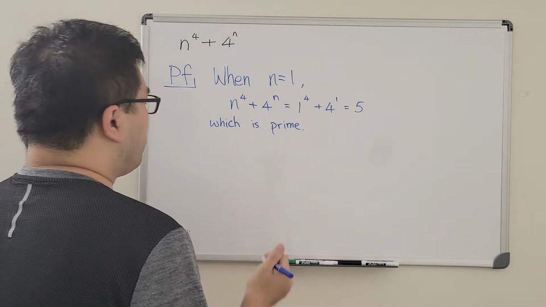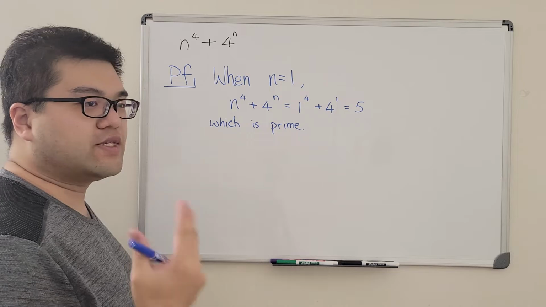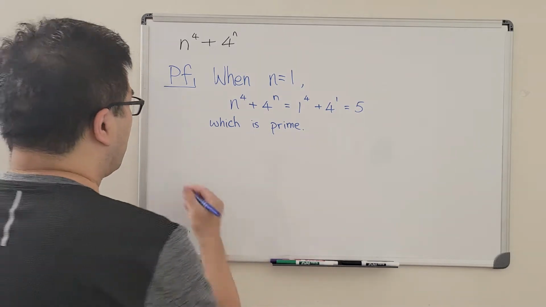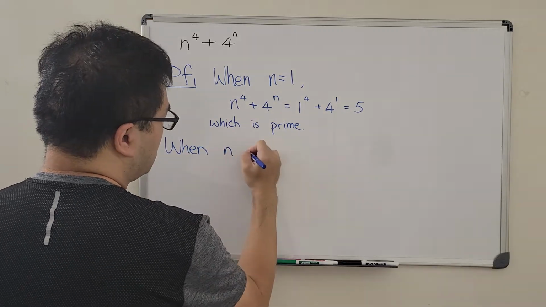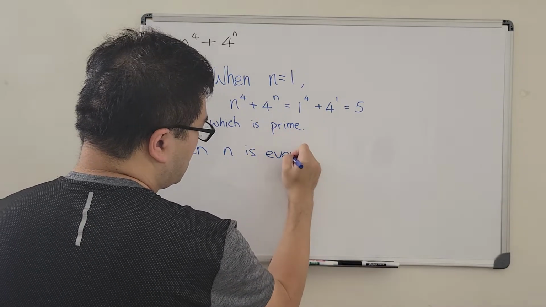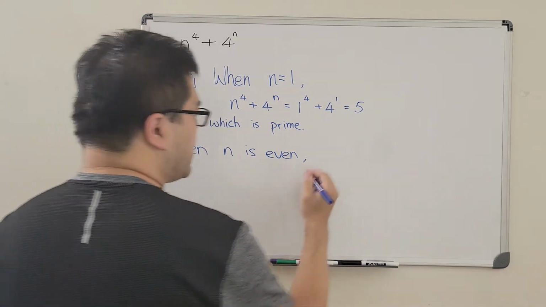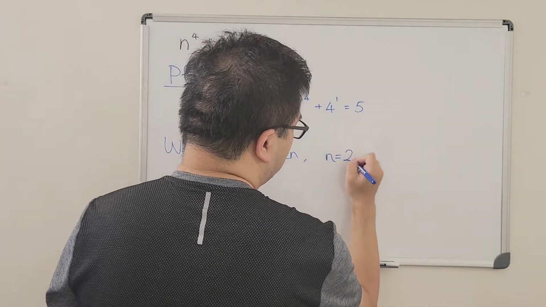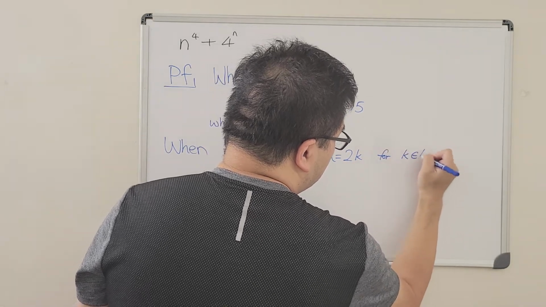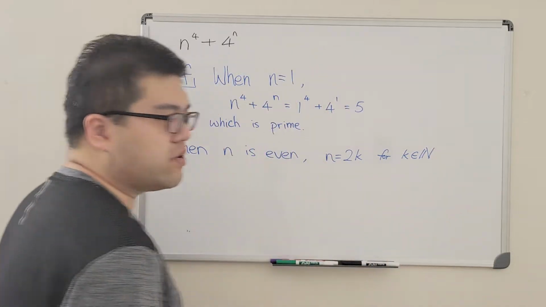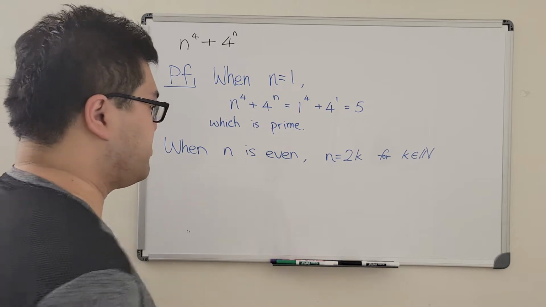Now, what happens if n is an even number? Then let's do a replacement. Let n be equal to 2k for k an integer. Well, actually in our setup, it will be a natural number.